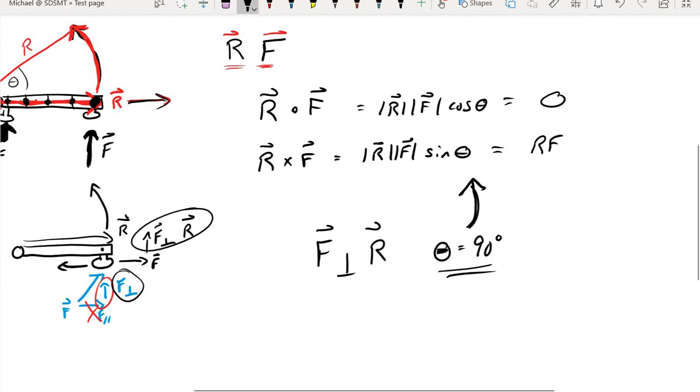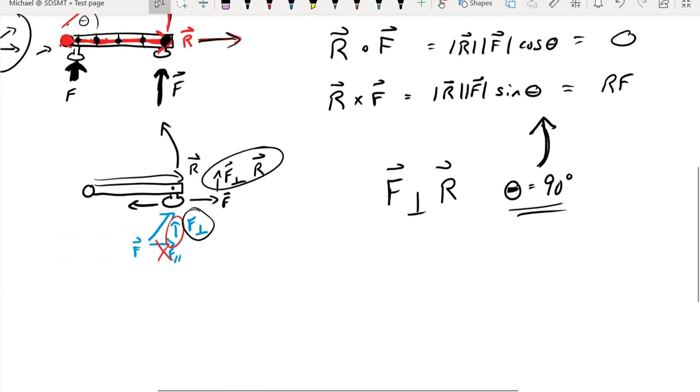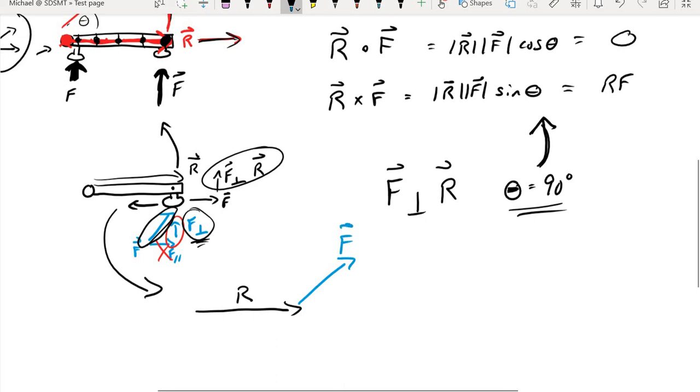Now, does that mean that the angle relationship between f and r is always going to be 90 degrees? Well, no, because we said some of those forces could be pointing at angles that are neither perpendicular nor parallel. Yet if we take the radial vector of the door here, and I'm just going to move that force up, and I'll draw it right at the tip of the door where it was being applied.